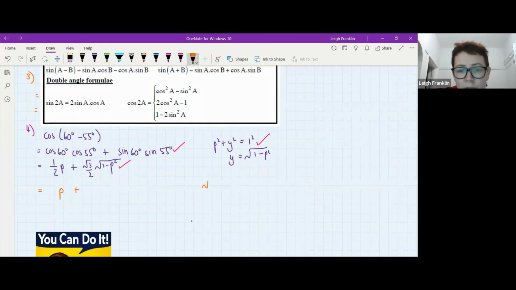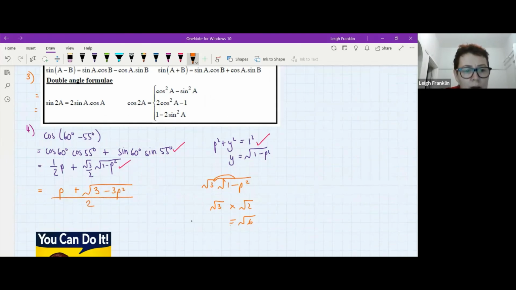So if you've got root 3 and you're multiplying that by root 1 minus p squared, remember our rule with surds. If you've got root 3 and you multiply that by root 2, it's equal to root 6. So you can do the same thing here where you can expand the 3 to the 1 and the 3 to the p squared, and you can keep the root. So this would be 3 minus 3p squared, and that would all be over 2.